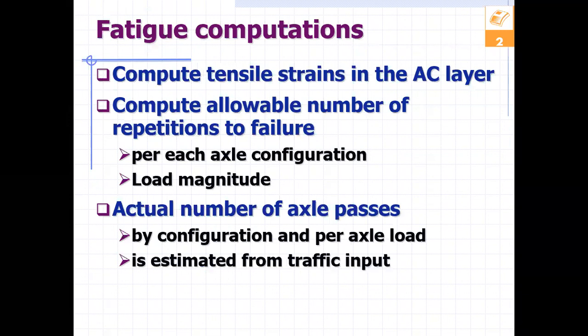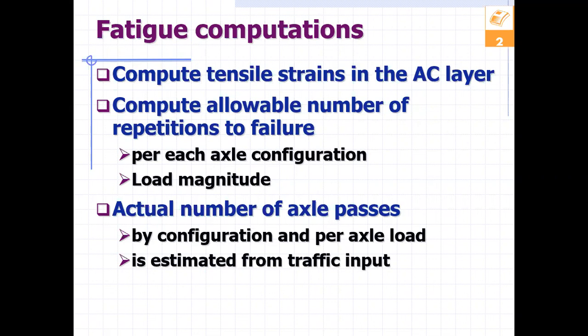We have equations to estimate that, but to estimate, we need to know what is the tensile strain in the asphalt cement layer. And we need to know what is the load and the area of application of the load from the tire of the vehicle. And we will compute the allowable number of repetitions to failure for each axle configuration and load.